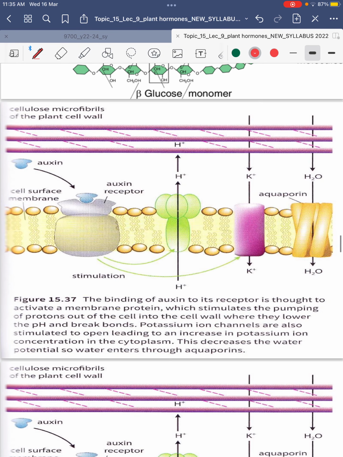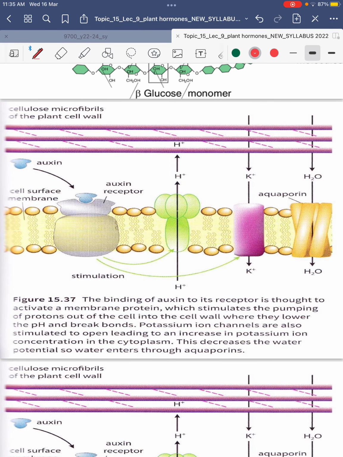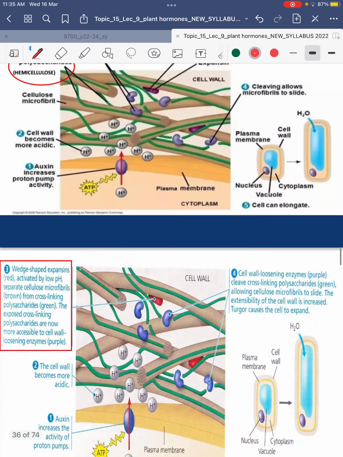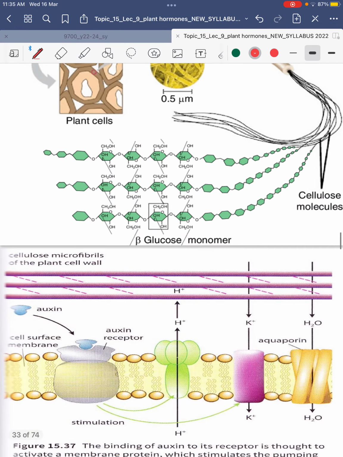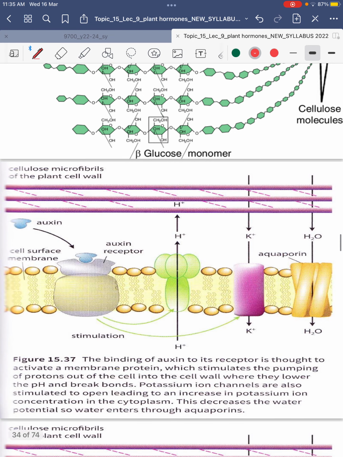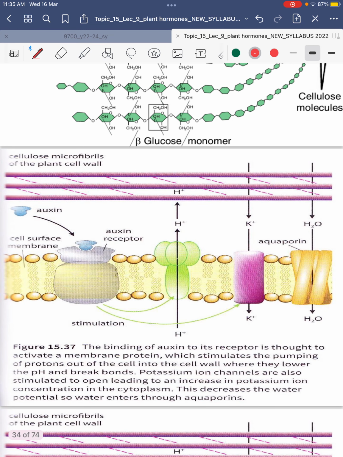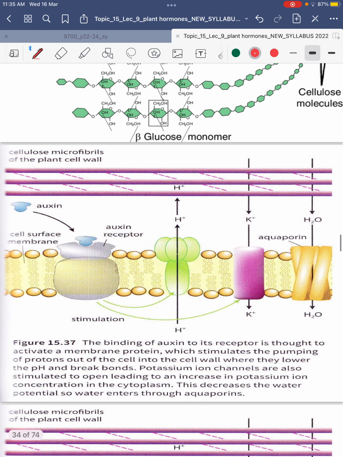Now, we say that auxin causes stem elongation or growth, but what is the mechanism? Initially, this is the auxin. The auxin will bind to the receptor, and then it will stimulate the pumping of protons.